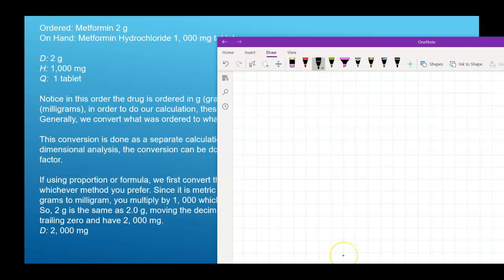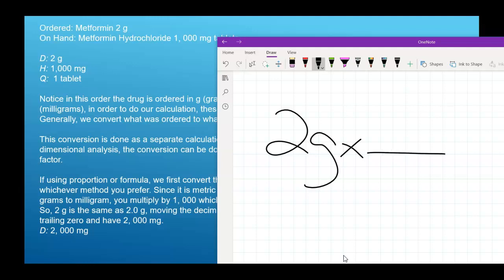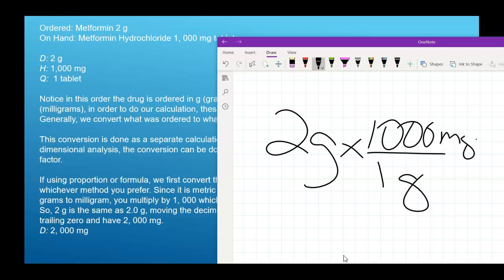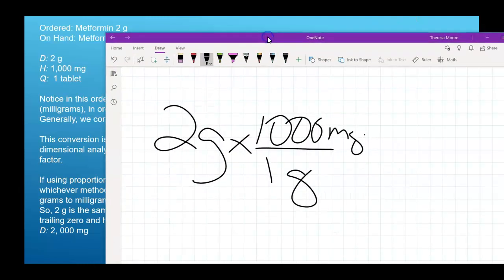In dimensional analysis, the order is 2 grams. Well, to convert gram to milligram, you'd have to multiply it. 1 gram is 1,000 milligrams. We want to end up with milligrams, so that's what we want on top. That would do your conversion.